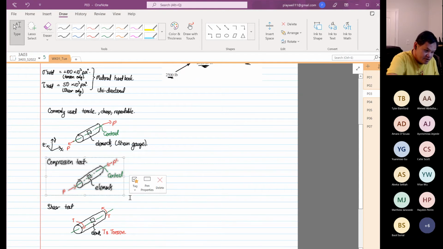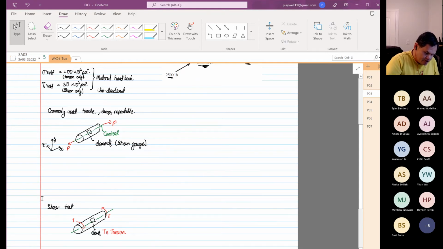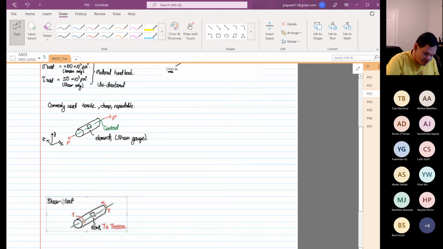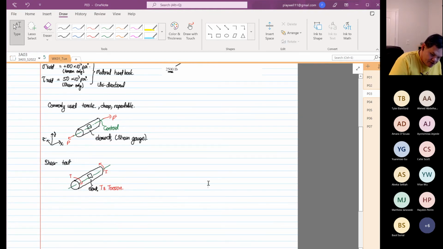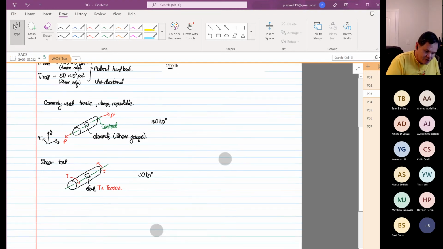So I'm going to get rid of this, on shear test. That's how from the test they got this is 100 KSI, and over here this is where you get your 50 KSI. Okay, you can see that.